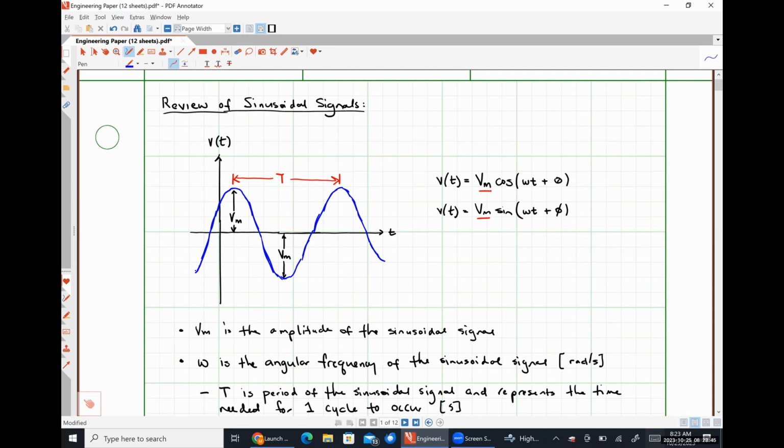If we were looking at this particular signal as a sine function, this would be an advanced signal because it hits 0 at a negative value of t, meaning that it has been shifted to the left, and that would correspond to a positive phase angle phi. I'm focusing on this because it can be very simple to make a mistake.